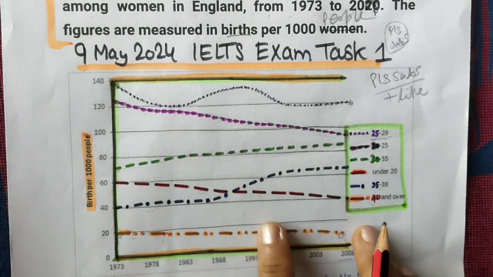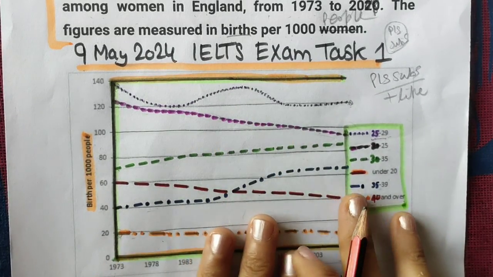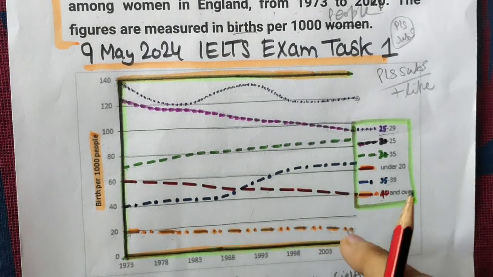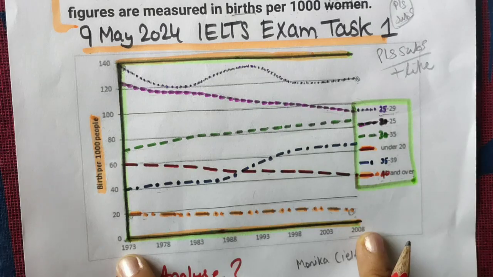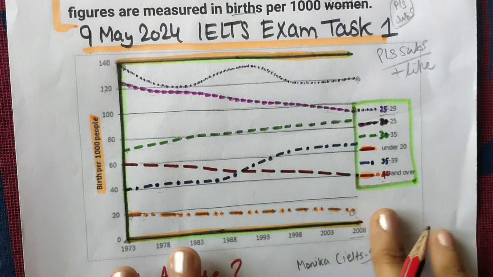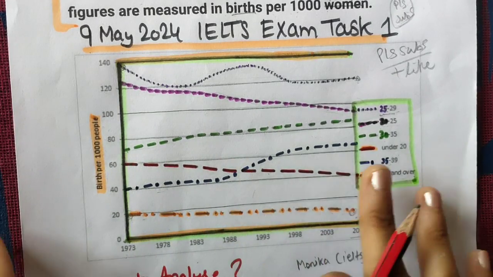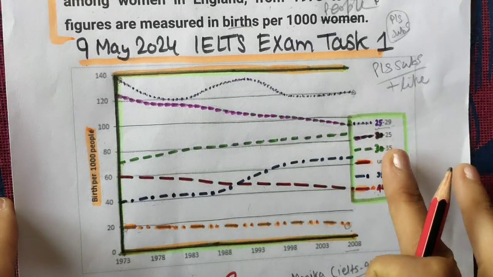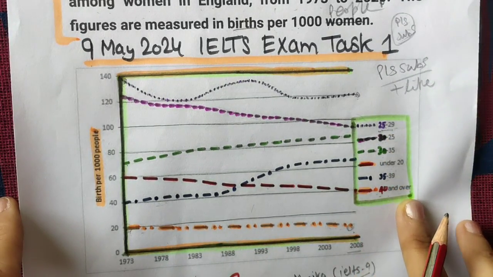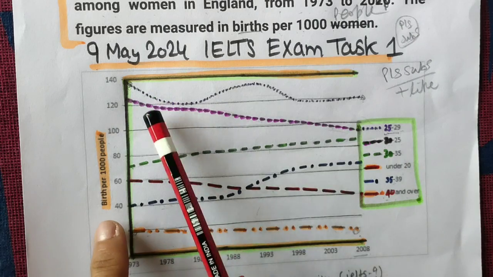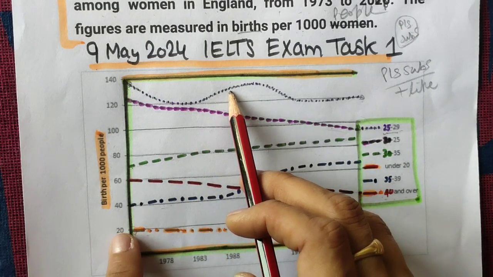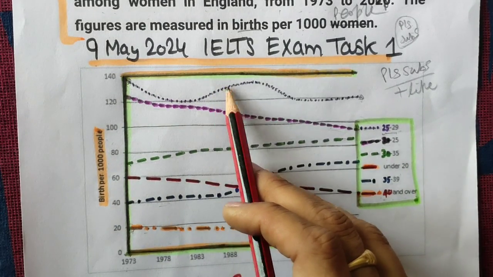Now 6 lines. Now coming to the body detail paragraph, how will you organize the data, because the years are too many, from 1973 to 2008. It's not compulsory to write each and every year. So we will write according to groups. First, I will write about the highest line graph.